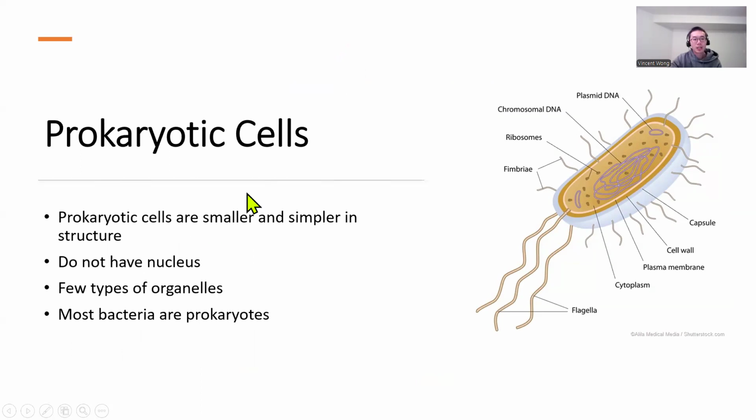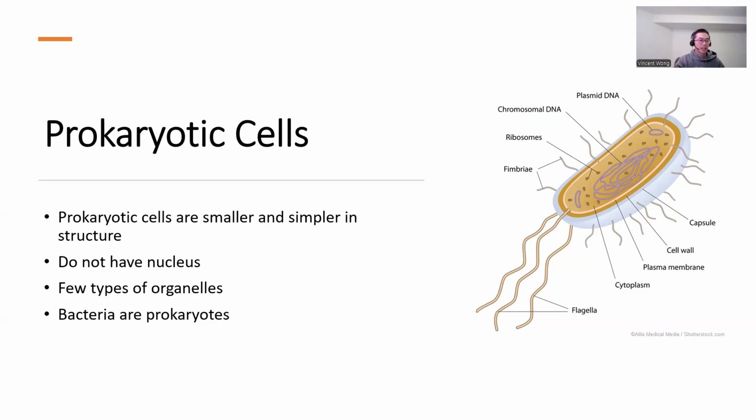Prokaryotic cells are smaller, simpler, do not have a nucleus, and there are a few types of organelles in them. Bacteria are prokaryotes. I don't know why I put the word most here. All bacteria are prokaryotes.